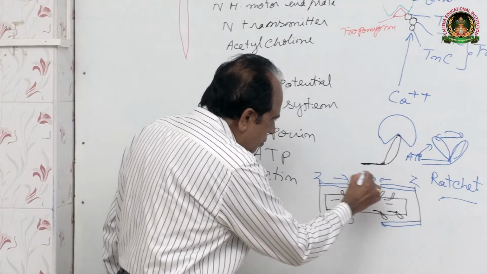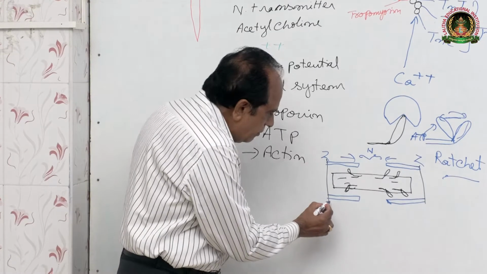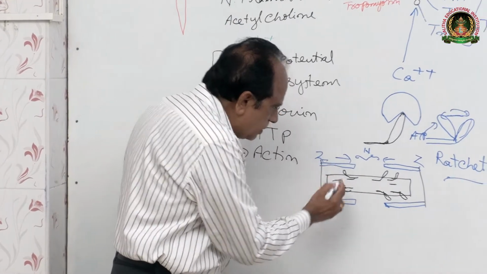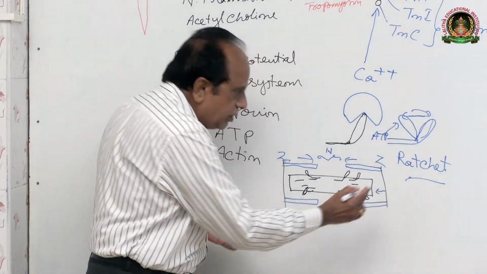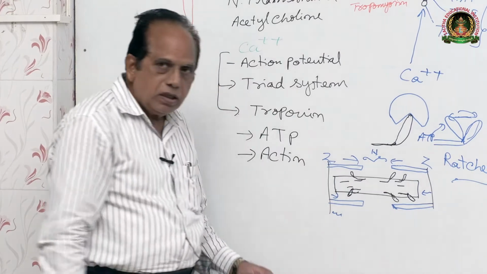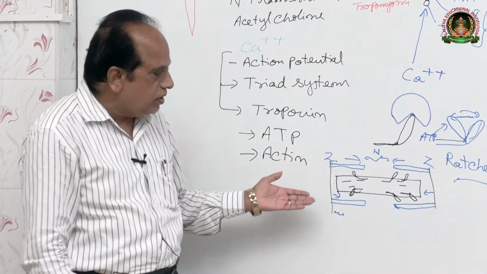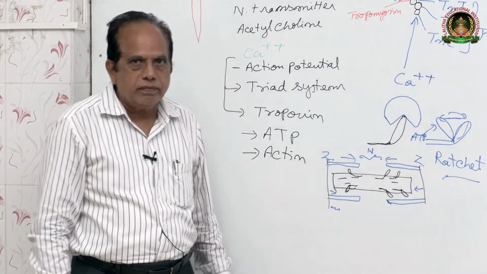So, this is the H zone, that H zone gets reduced, and even the I band which is present on either side of the myosin also gets reduced because of the movement of the Z membranes inwards, and thus there is no differentiation of the I band and A band in the contracted state of a muscle.